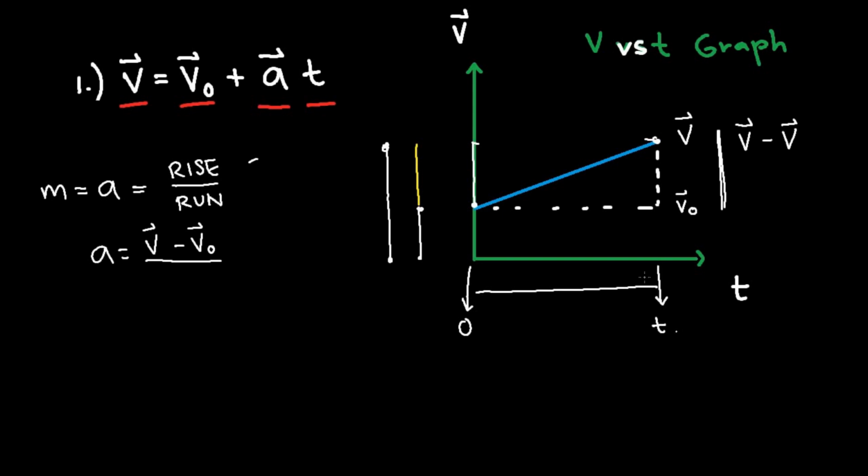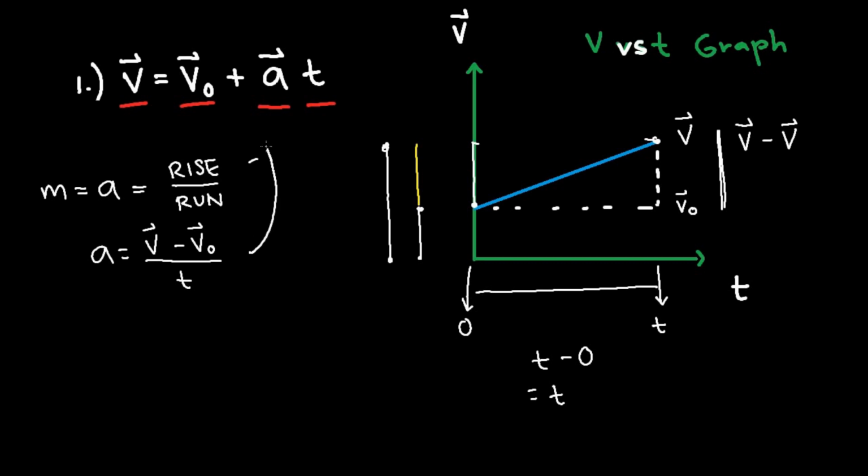So therefore, para makuha ni kani nga line, kani from 0 to t, kailangan lang to i-minus. So t minus 0, which is t ra gihapon. So imong run is t. So therefore, imong acceleration is the change of velocity over t.